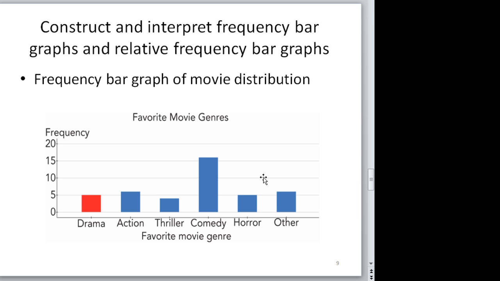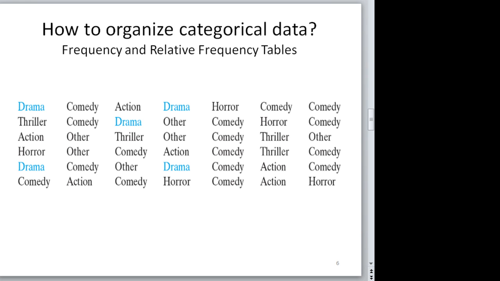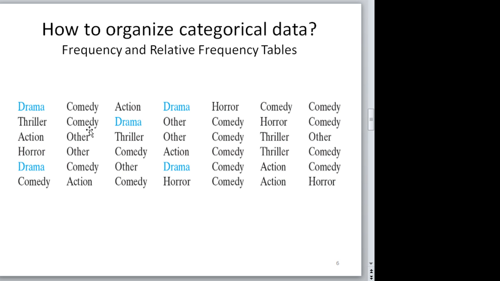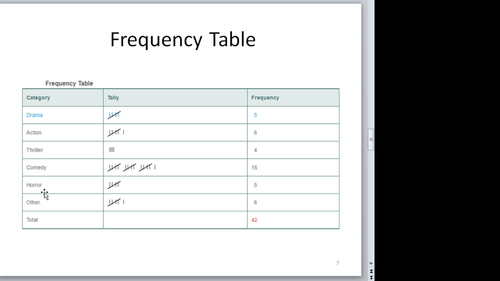So, in your project or the homework, let's say you have this raw data. What you're going to do is build the frequency table just like this, figuring out how many different types there are, put them in categories, and count one by one, get the tally, and count the tally to get the frequency.